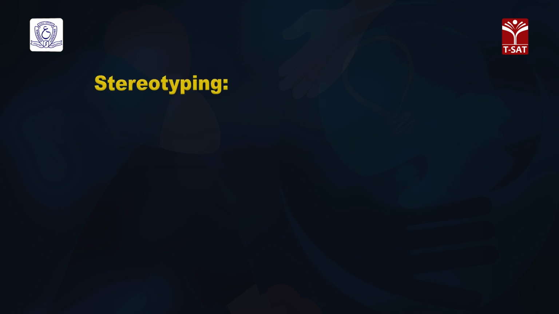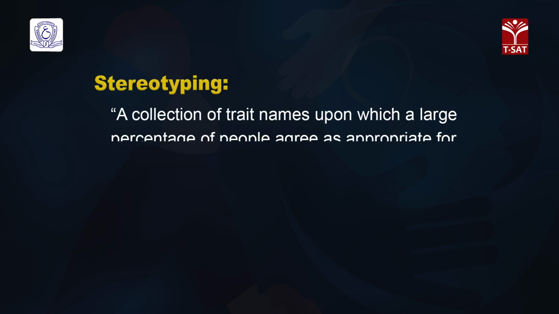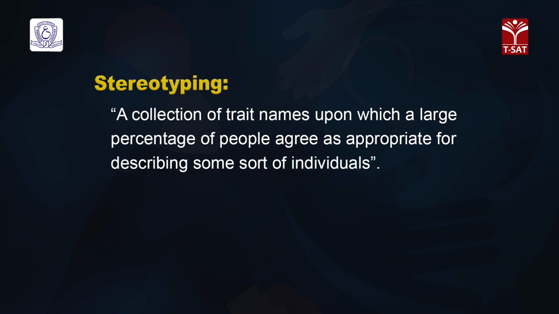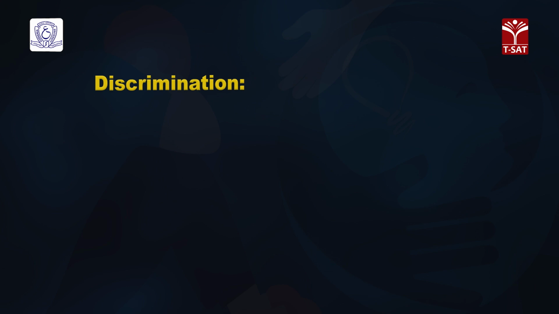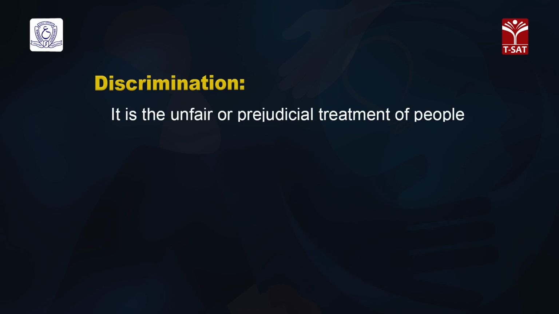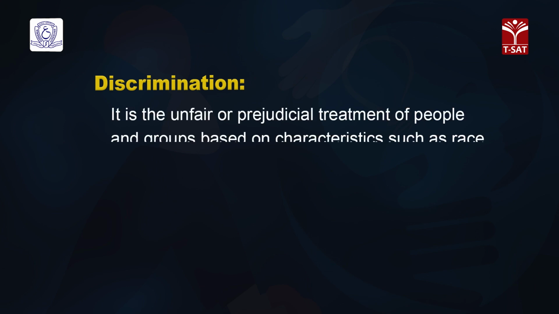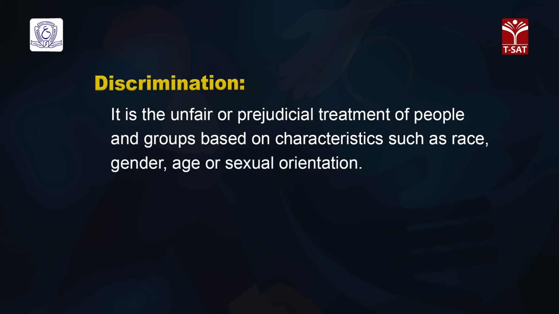Stereotyping is where a collection of trait names upon which a large percentage of people agree as appropriate for describing some sort of individuals. Then moving on to discrimination. It is the unfair or prejudicial treatment of people and groups based on characteristics such as race, gender, age or sexual orientation.